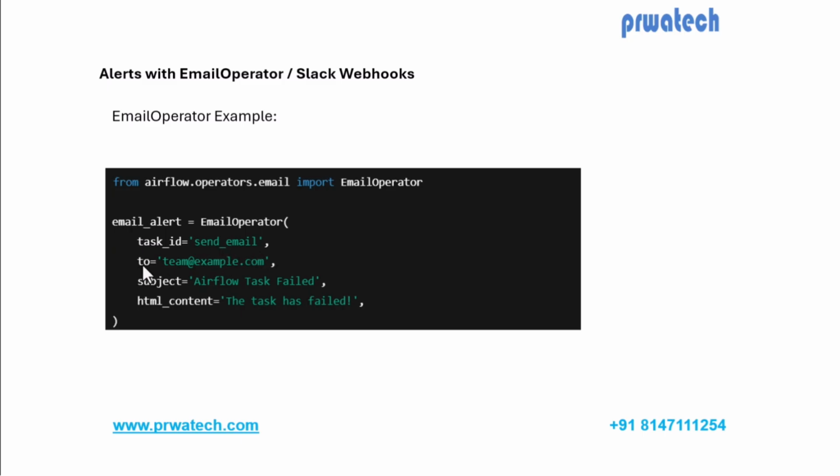Then 'to', in which we put the email of the particular person we want to notify. Subject is the subject of the mail. Here it is 'Airflow task failed'. So the person whose address you put will get an email with the subject 'Airflow task failed'.